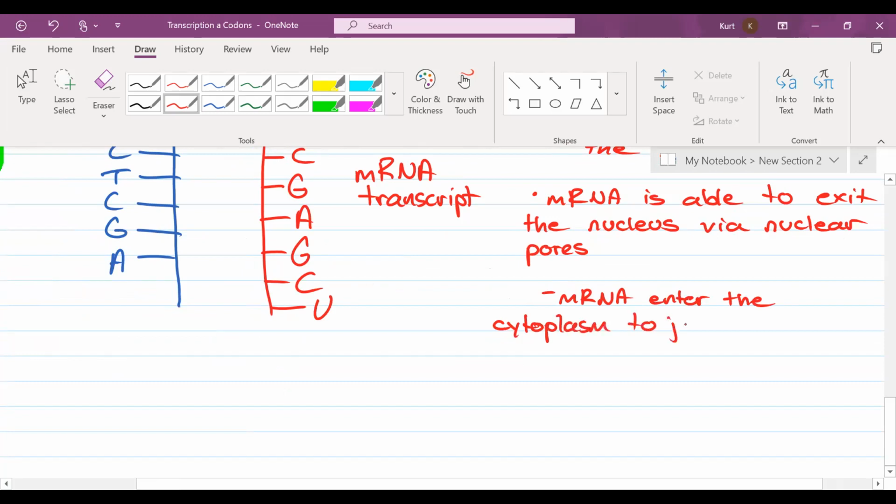to join with, what is the site of protein synthesis? When I say blank, you say protein? Right. They're going to join with the ribosome. Remember that a ribosome is the site of protein synthesis. The mRNA is going to tell the ribosome how to make the protein.